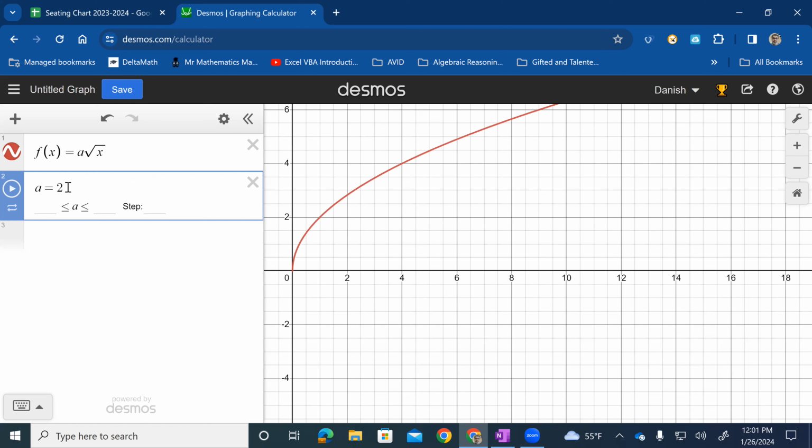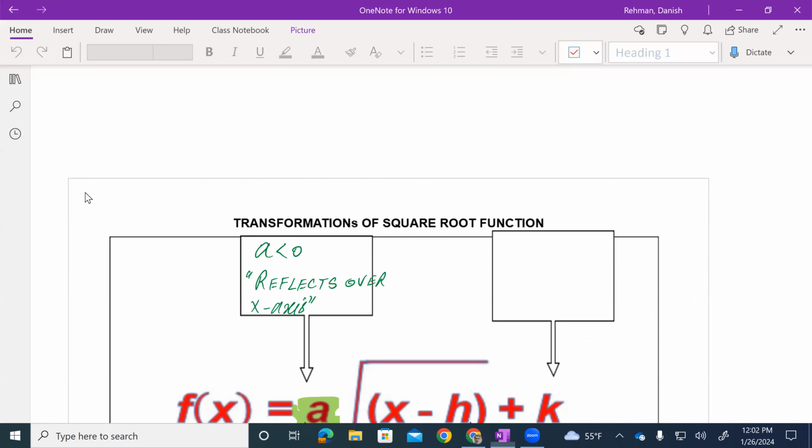So as the number gets bigger, the stretch will be steeper. Now, if I put a number less than 1 instead of greater than 1, what will happen? 0.2 is a smaller number. You see, that's the vertical compression or the vertical shrink. We meant this.